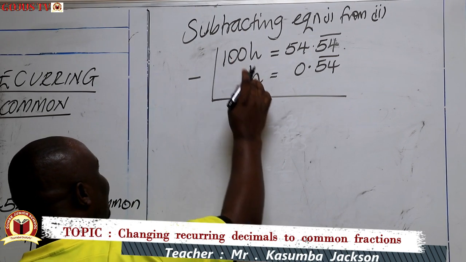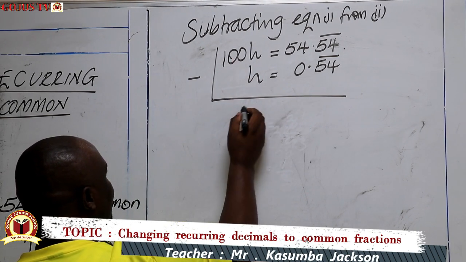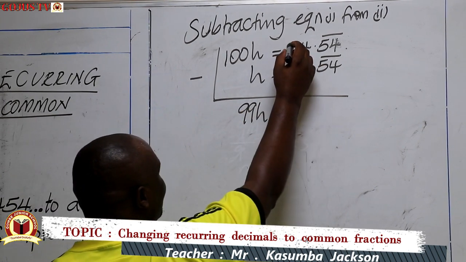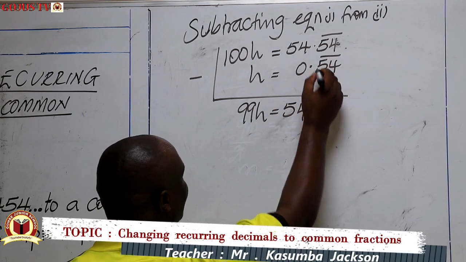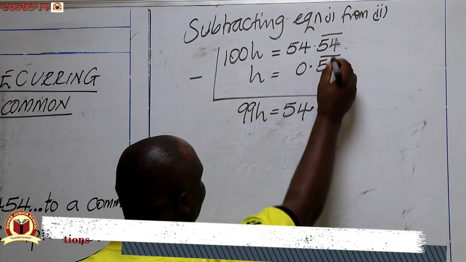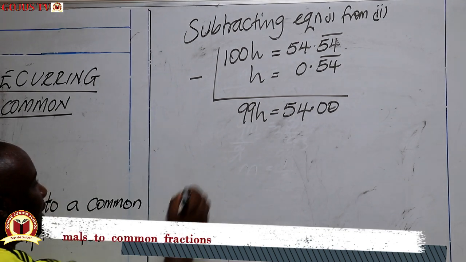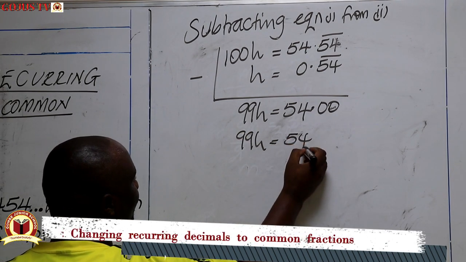Here, 100 H, take away 1 H gives me 99H, which is equal to, when you subtract, 54 take away 0 gives me 54. And 5 take away 5 will be a 0 after respecting the decimal point. And 4 take away 4 will be a 0 after respecting the decimal point. So 99H is as good as 54.